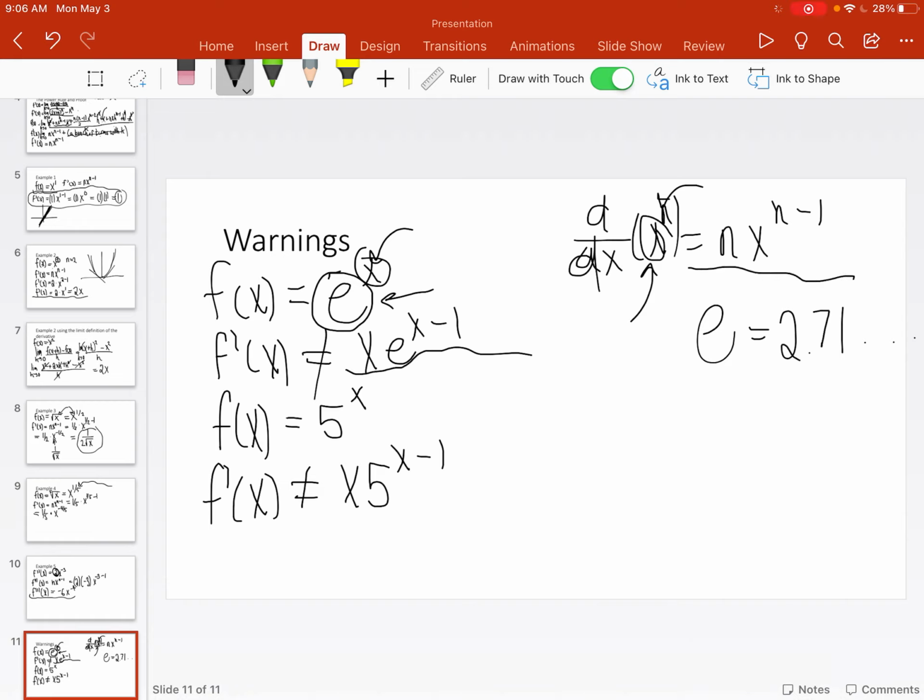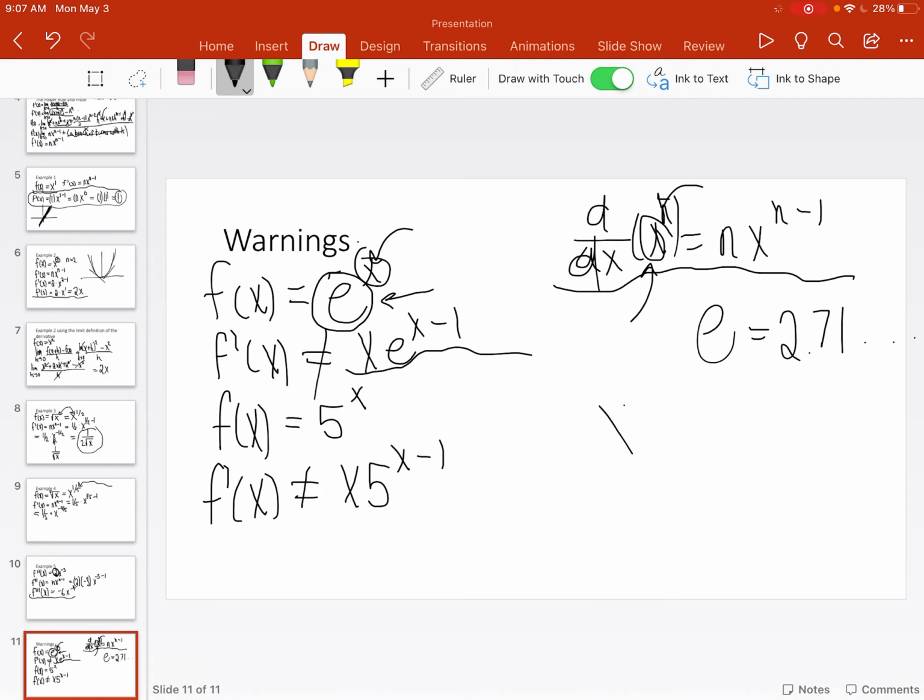But recall, you can't apply the power rule when the base is a constant and the exponent is a variable. You do not apply the power rule in that case. And that's a mistake a lot of people make, is that they start applying the power rule to things like e to the x or 5 to the x or anything like that. You can't do that. That's not how it works.